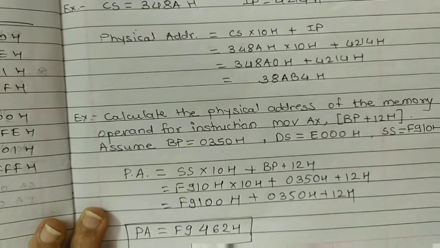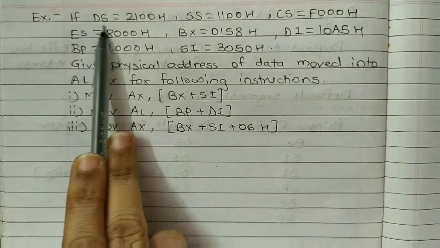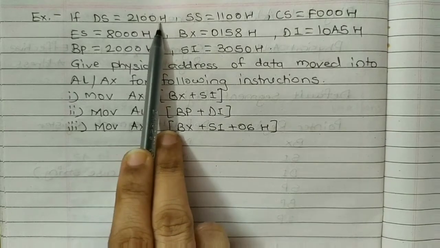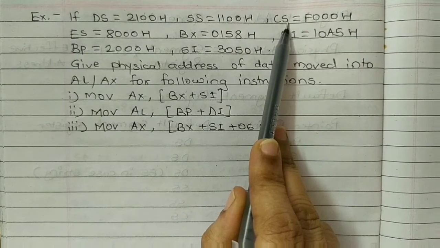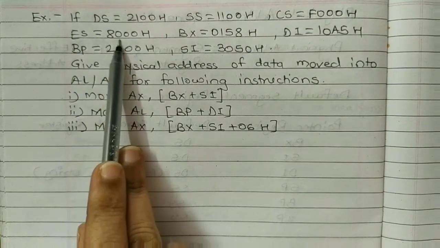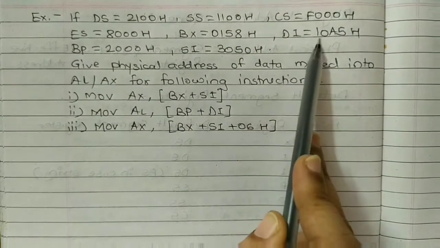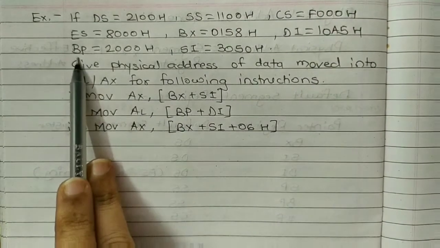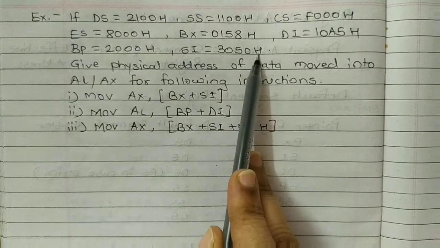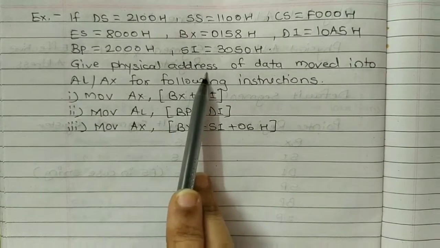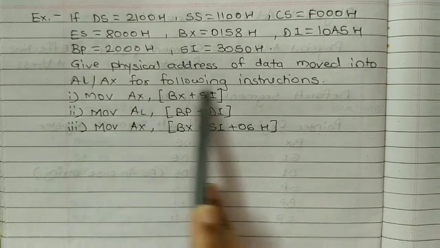Now let's see one more example. If DS is equal to 2100H, SS is equal to 1100H, CS is equal to F000H, ES is equal to 8000H, BX is 0158H, DI is 1085H, BP is 2000H, SI is 3050H, then give physical address of data moved in AL or AX register for the following instructions.